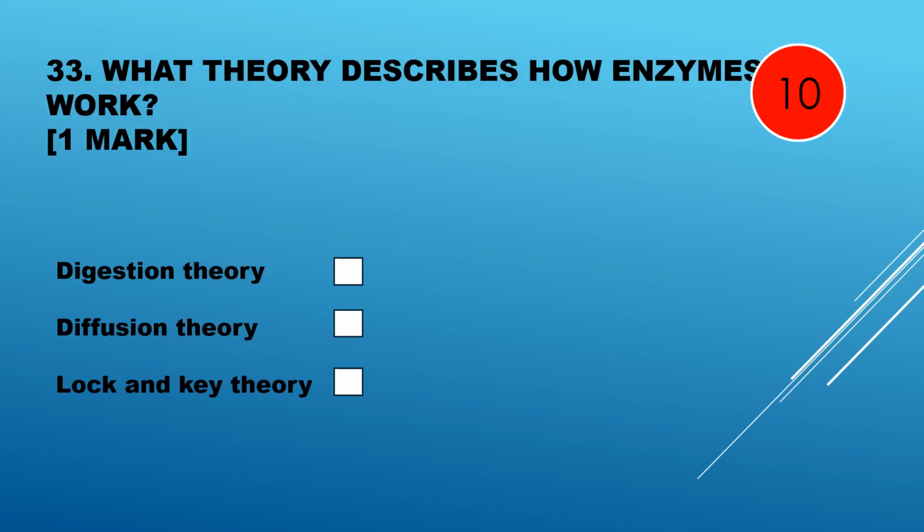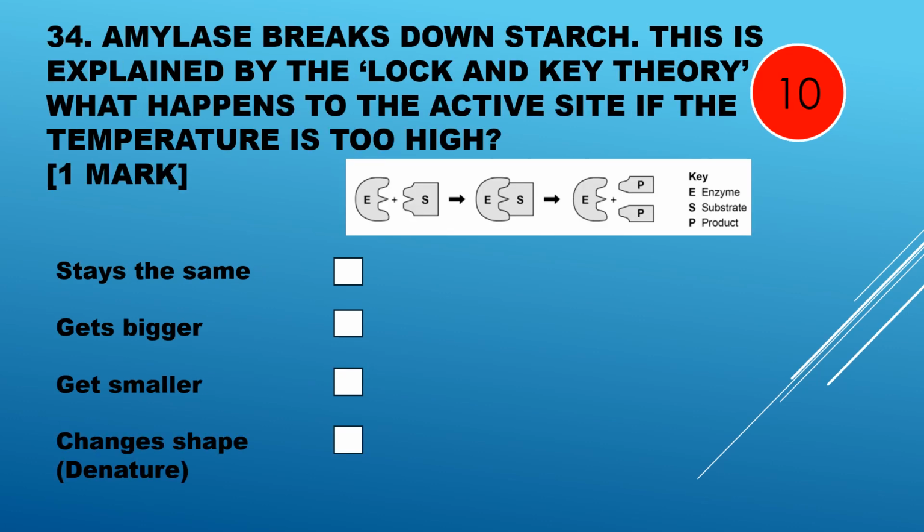Question 33. What theory describes how enzymes work? Is it digestion theory, diffusion theory, or the lock and key theory? Enzymes work by the lock and key theory. Amylase breaks down starch.